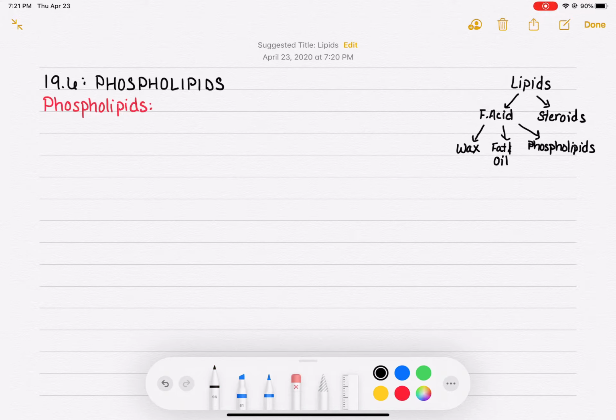Structurally, they're very similar to a triacylglycerol. So we'll make a note of that. They have a very similar structure. Their purpose inside of our body is to make up the main component of our cell membranes, our cell walls.